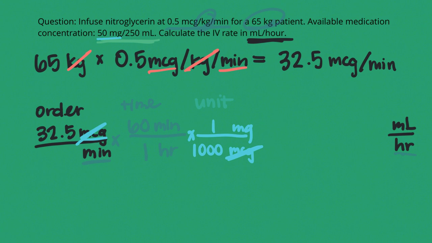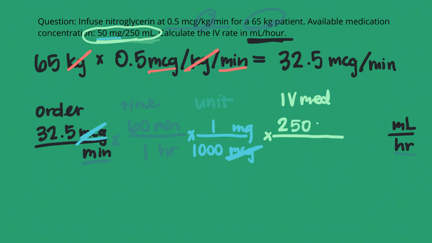And then our final question, hopefully you're ready for this. What haven't we used yet? We haven't used our IV medication that's available. The IV med is what's in the bag. What's the concentration in that bag? A tip for using the IV med bag, you should always put the milliliters on top. You can also check this by looking at milligrams here and knowing you need milligrams on the bottom here.